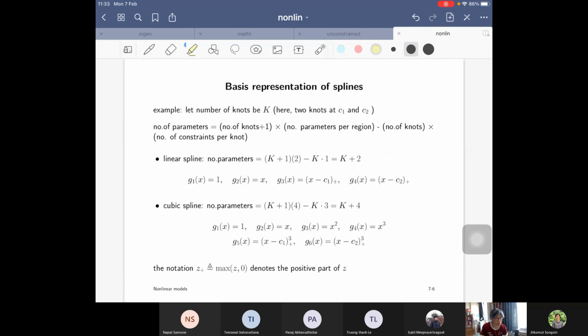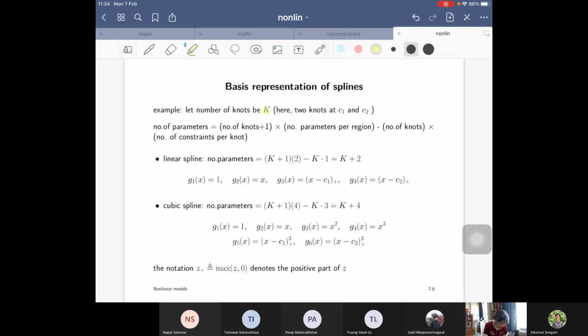Now let's see some examples. Suppose you have splines. In order to estimate the model parameters, we are going to represent the splines in terms of a basis representation. Here I give you some examples of common ones: linear spline, cubic spline.